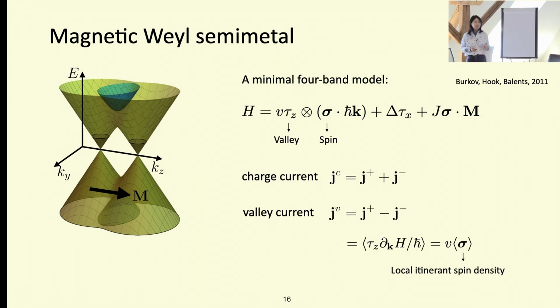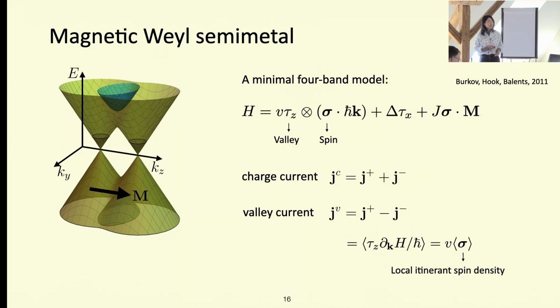Okay, so we've seen that charge can contribute and spin can contribute to magnetic field fluctuation. So what about Weyl degrees of freedom? By taking this very simple four-band model, here tau and sigma are Pauli matrices for Weyl and spin, respectively, and the valley cones are there because of finite magnetization that breaks time reversal symmetry.